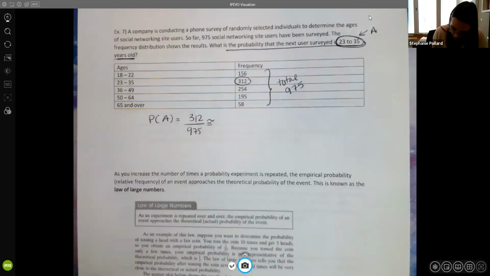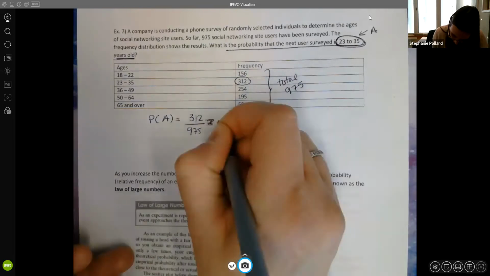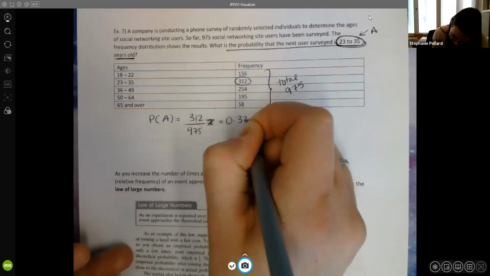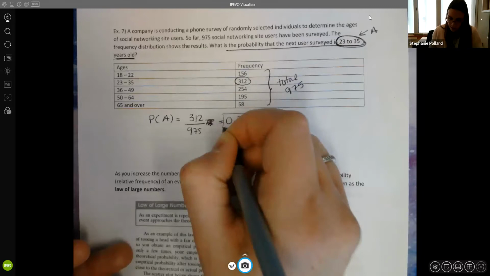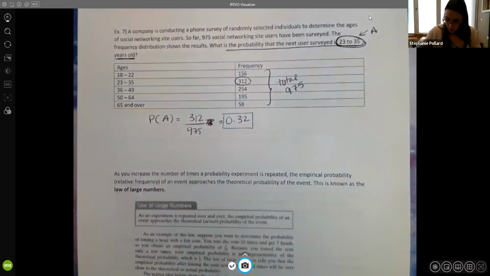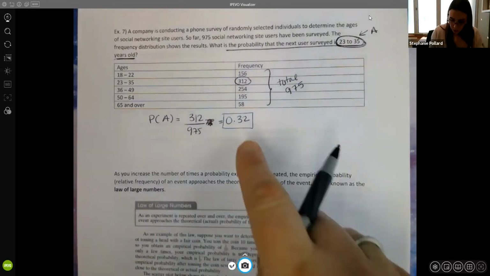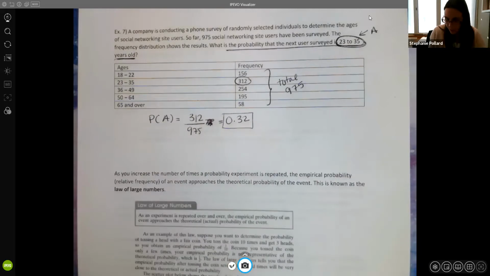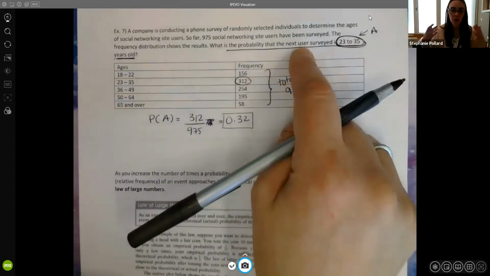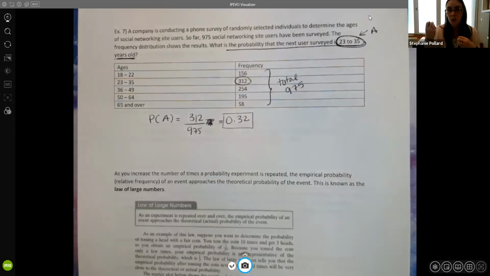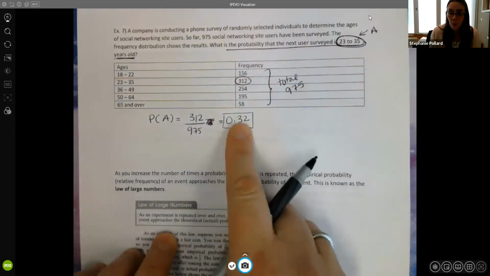Sorry, guys. Yeah, we actually get exactly 0.32. So this is the probability that the next person being surveyed would be between 23 and 35. Really, just in general, the probability that we chose someone who is 23 to 35 is about 32%, so 0.32.